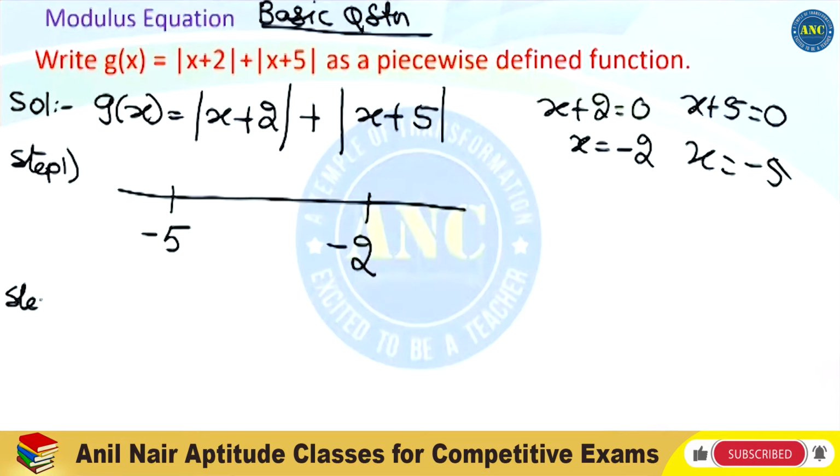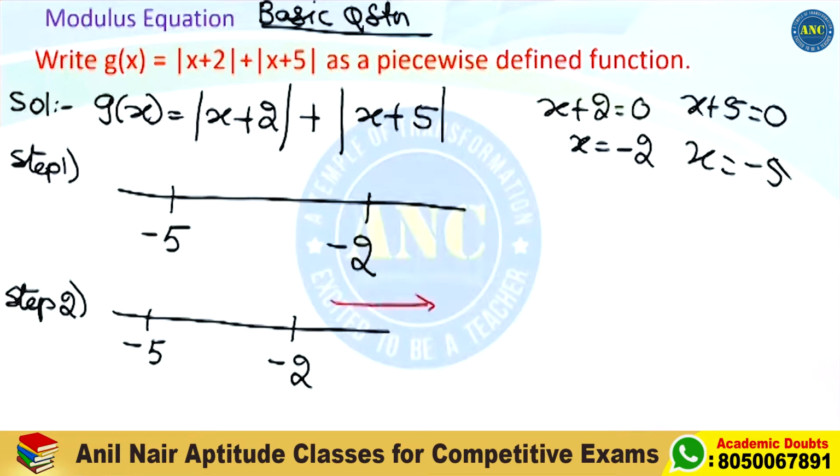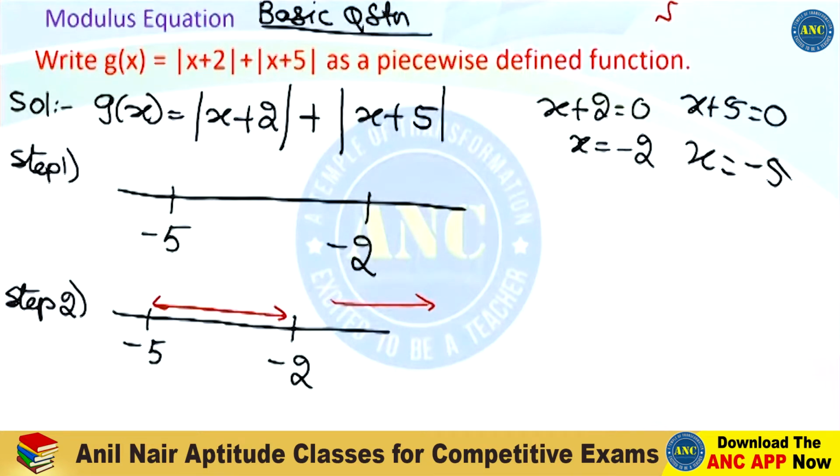Step number 2. First is drawing it on a number line. Here minus 5, here minus 2. Now there are three regions. One region is greater than minus 2, another is between minus 5 and minus 2, and the third is less than minus 5.